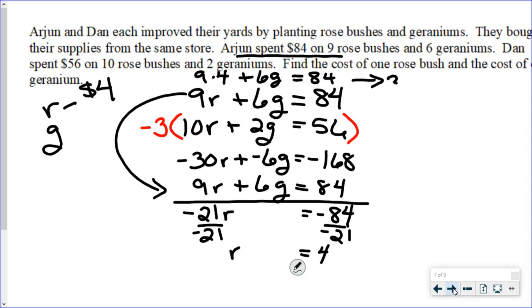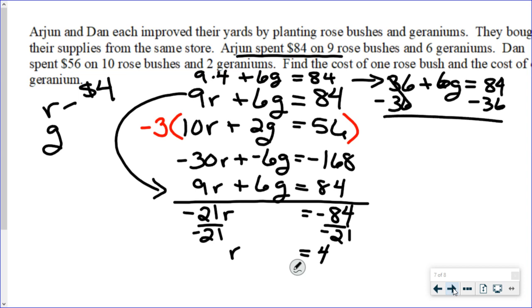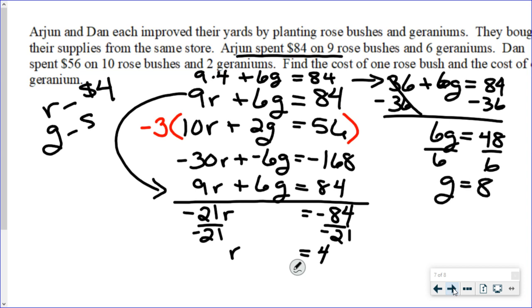So we get 36 plus 6g equals 84. Obviously, you're going to minus 36. So we get 6g equals 84 minus 36 is 48. Dividing by 6 gives me 8. So the cost of geraniums is $8.